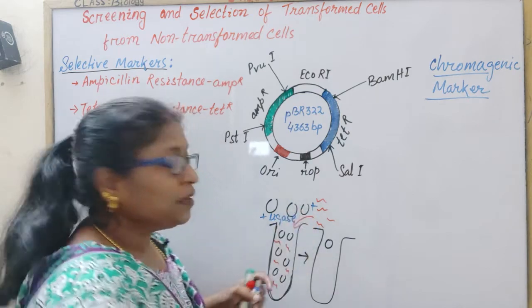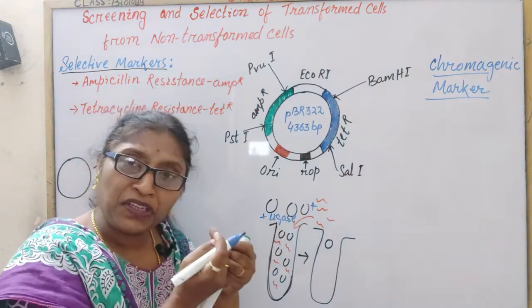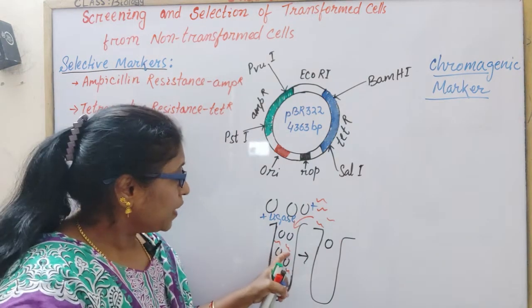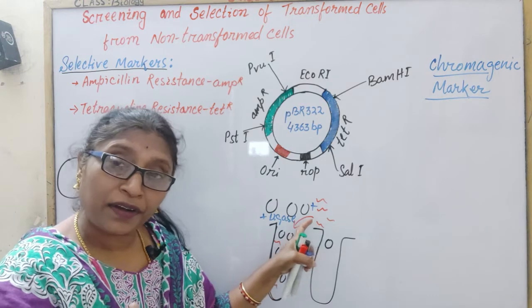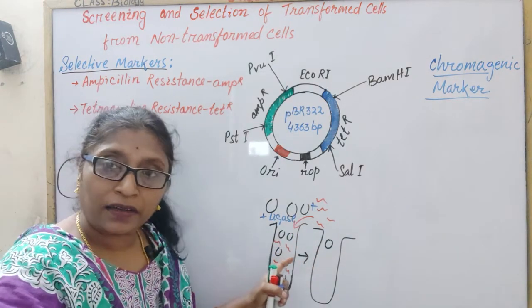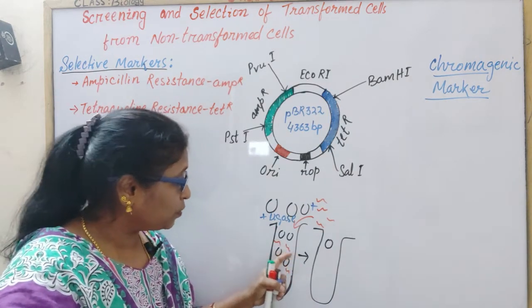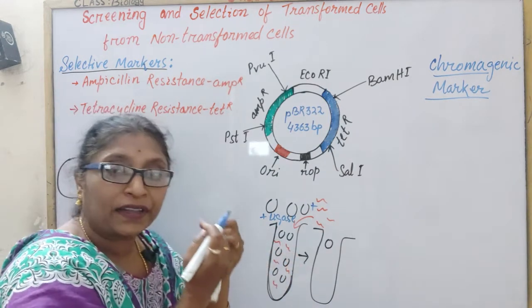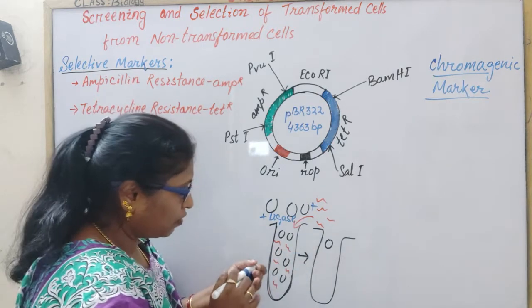So what happens? Some of the digested vectors, the plasmids, rejoin without incorporating the foreign DNA segment, the gene we need. The circular vector DNA is not incorporating, not joining with this DNA segment. Some, okay, not all.